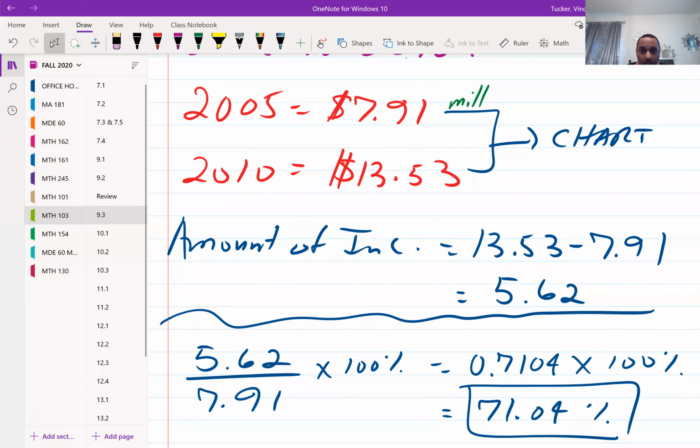Our original in this case was 7.91 because you start in 2005 and get to 2010. So 5.62 divided by 7.91, multiplied times 100%, that'll be 71.04.